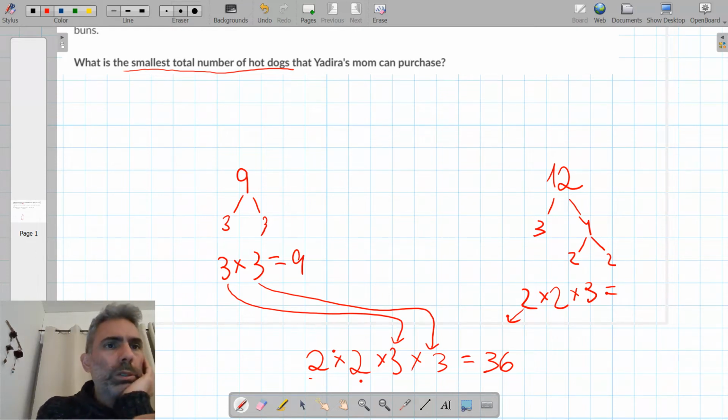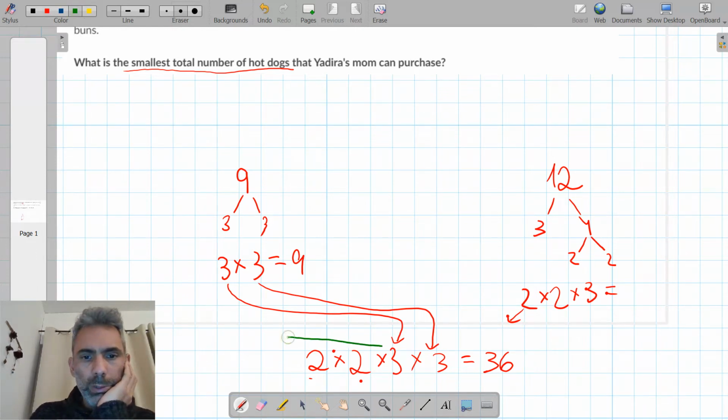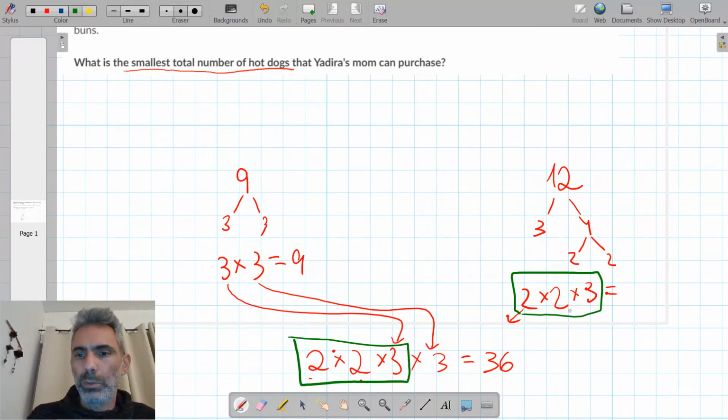Okay, because 2 times 2 times 3 is this set of factors. So 2 times 2 is 4, 4 times 3 is 12. So 12 is present here. And 3 times 3, which is the 9, is present here. This is 9. So the least common multiple of these two numbers is 36.